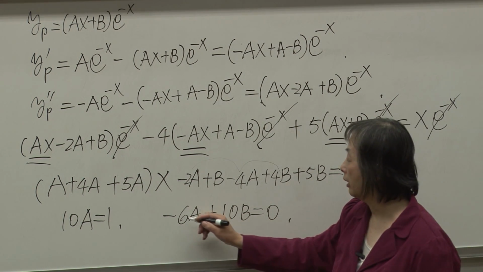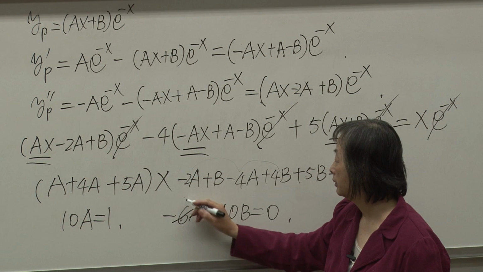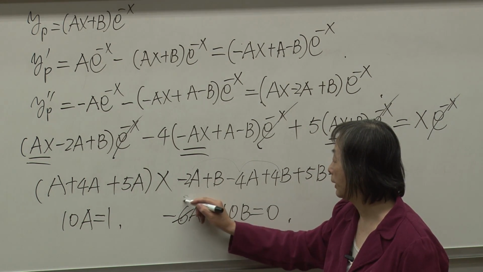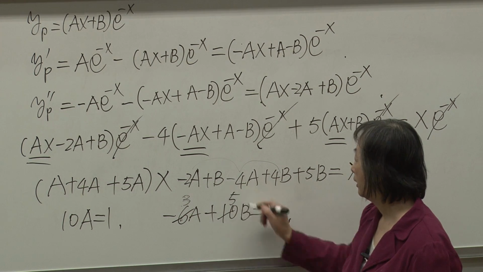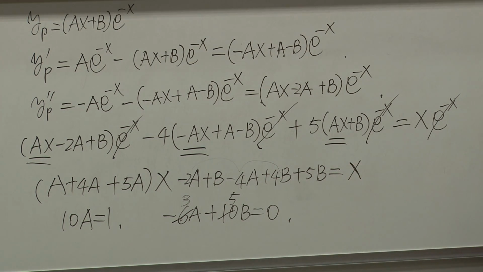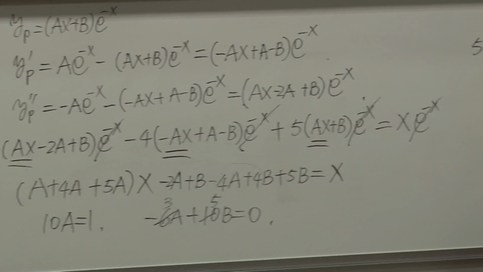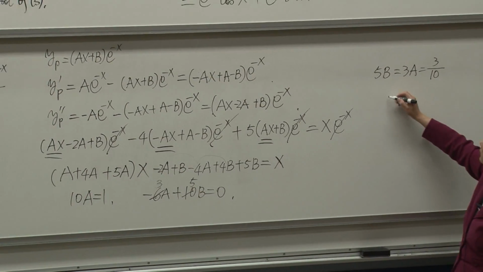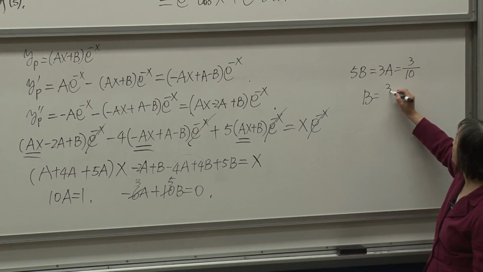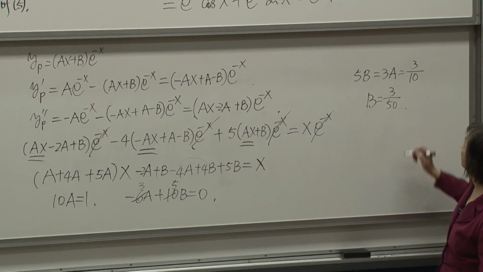If we cancel out the common factor 2, dividing each term by 2, we get 5b equal to 3a, where a is 1 over 10, then b is 3 over 50.